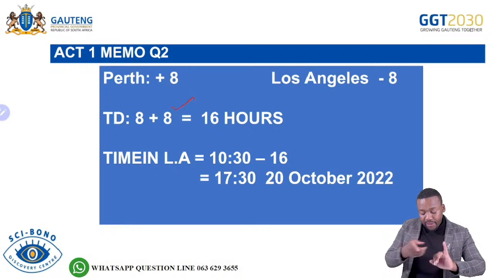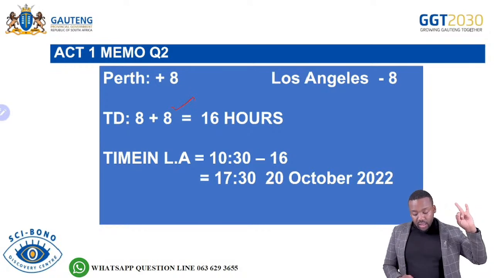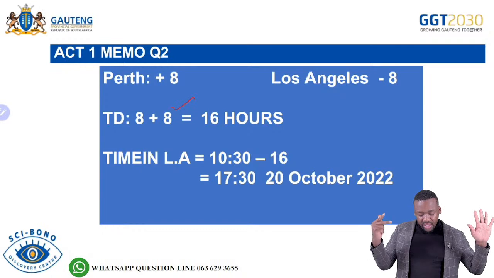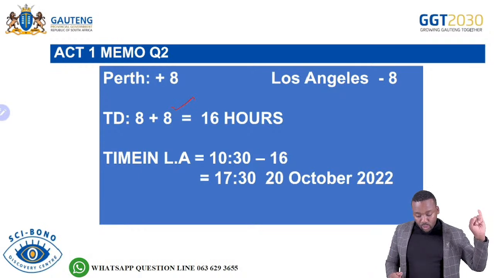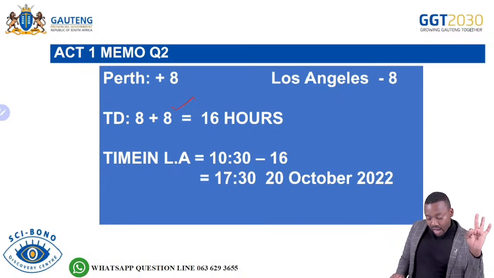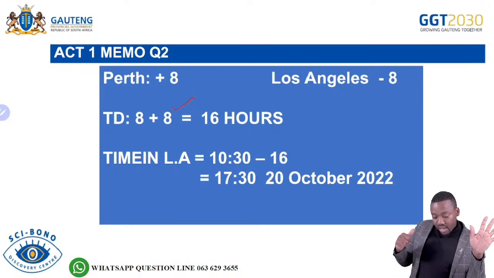Let's double check. 10:30, 9:30, 8:30, 7:30, 6:30, 5:30, 4:30, 3:30, 2:30, 1:30, 12:30, 23:30, 22:30, 21:30, 20:30, 19:30, 18:30, 17:30.